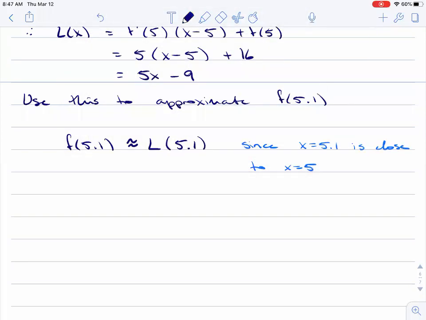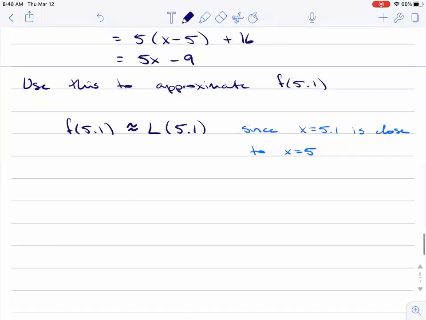You don't have to justify it, right? I just want to kind of point you in the right direction, because we wouldn't use this linear approximation to evaluate something like f of 6, right? That would be too far away from 5.